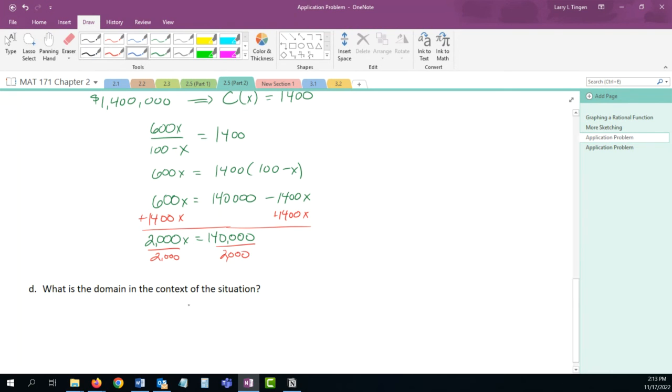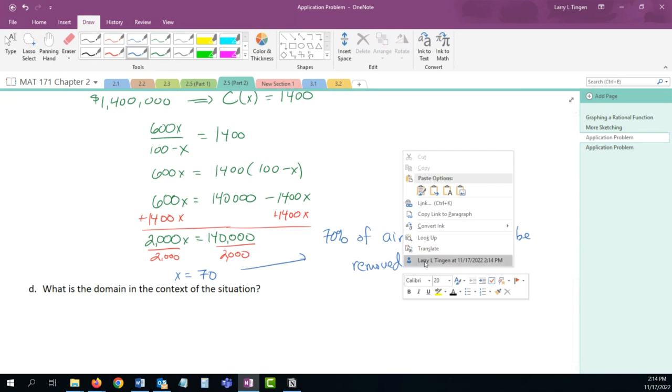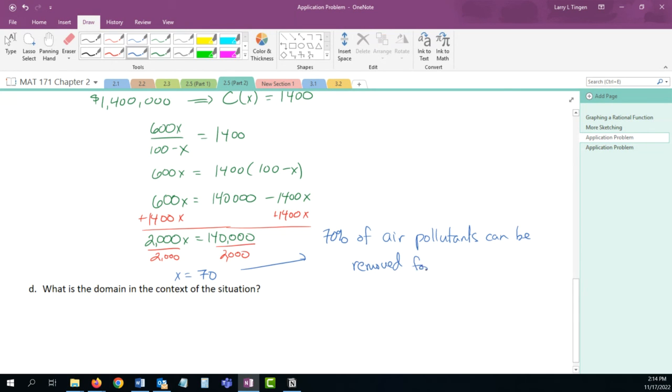And I find out that X equals 70. So that means 70% of air pollutants can be removed for $1.4 million.